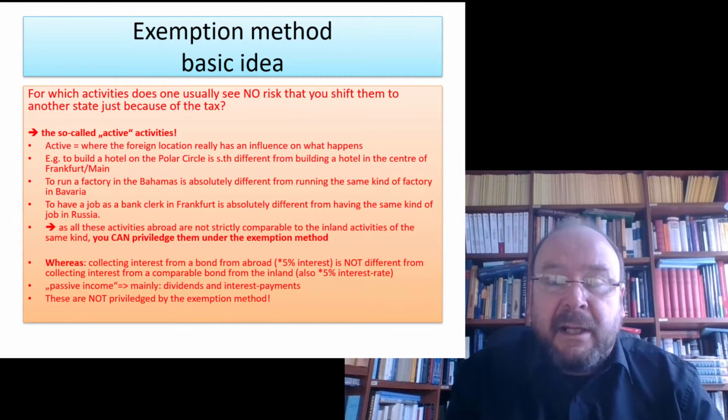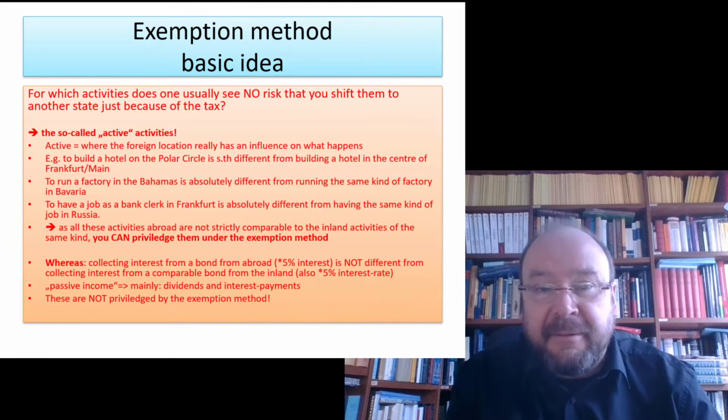Well, in theory or in literature, these activities are the so-called active activities. So active means where you really do something in a foreign country, where the foreign location really and actually has an importance and an influence on what happens.